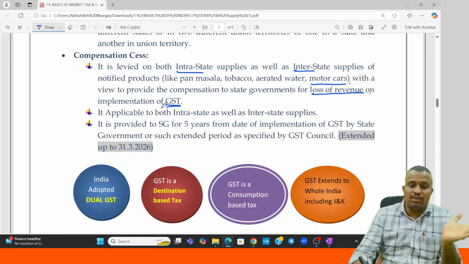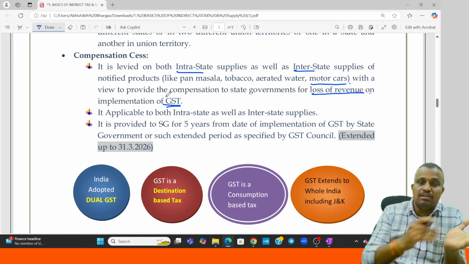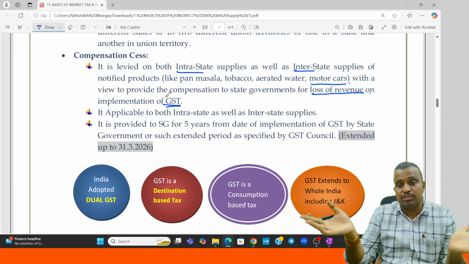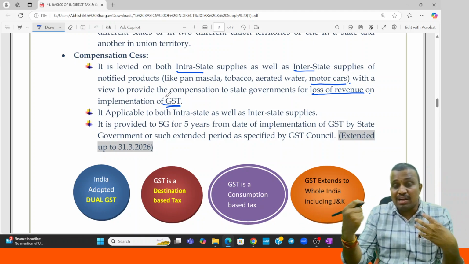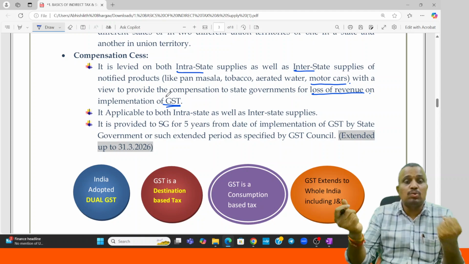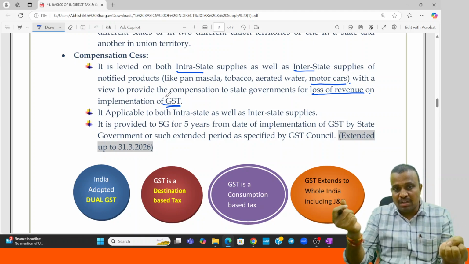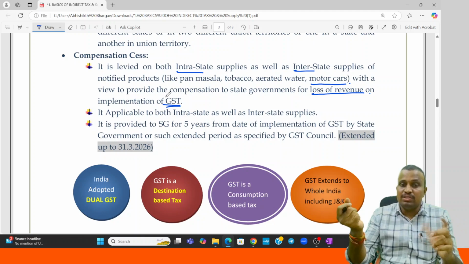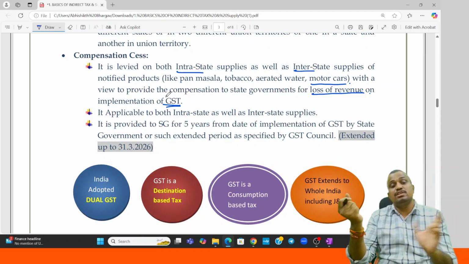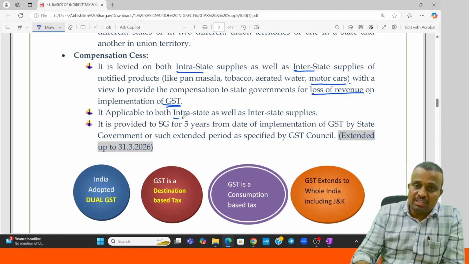Because previously we were following origin based taxation, but later we shifted to destination based taxation, and because of that some states are losing revenue. So for compensating that revenue, this compensation cess has been introduced. It applies to both intrastate as well as interstate supply.